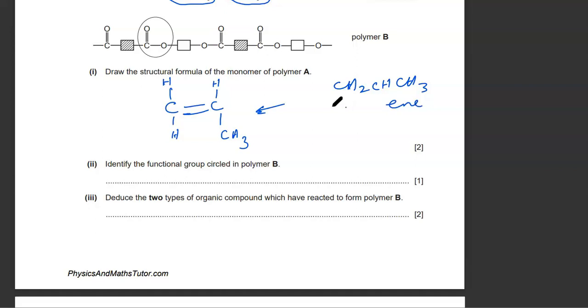No. Yes, that's propene. How many carbons? 1, 2, 3. They just draw it that way. It could have been drawn like this. It's still the same thing. So you can see that.